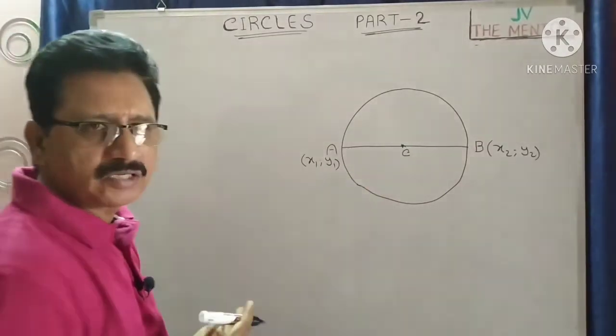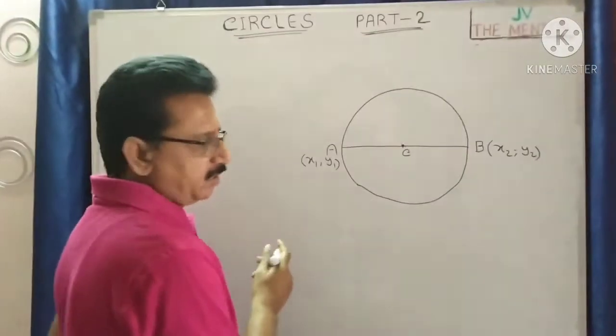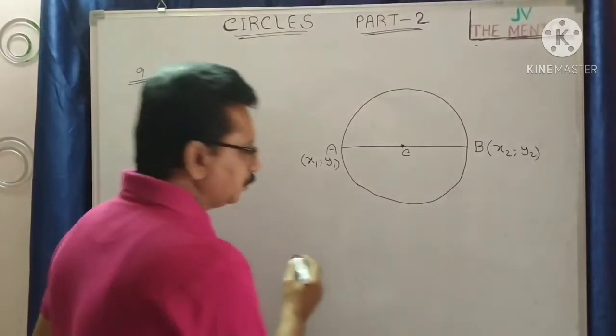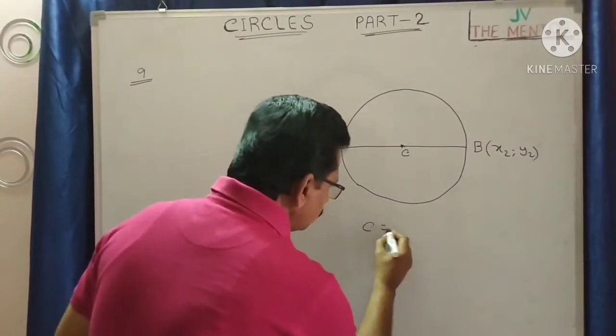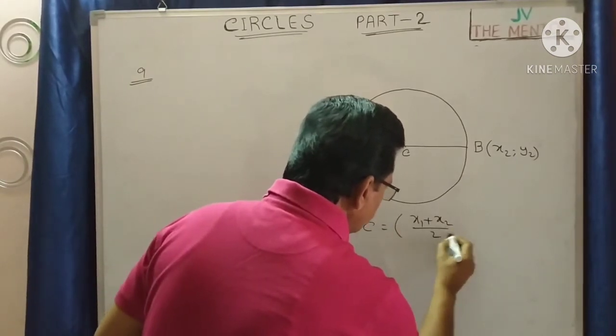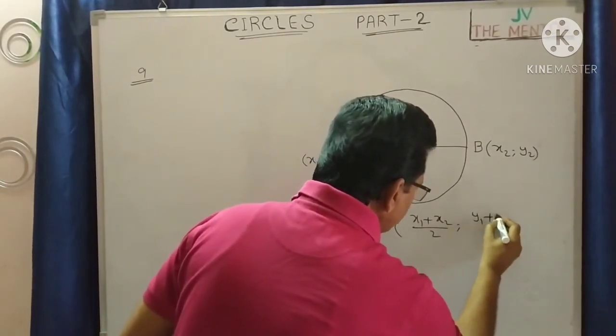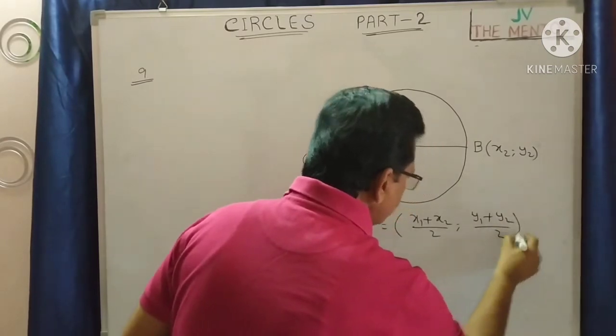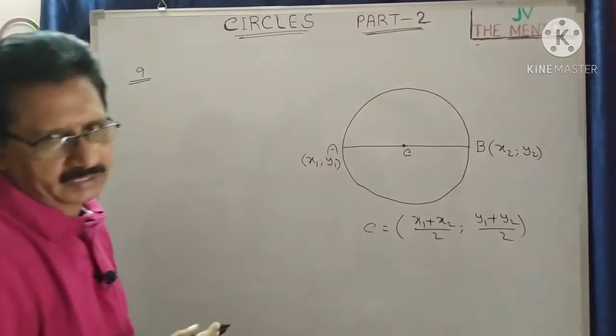What are the coordinates of C? Midpoint formula: x1 plus x2 by 2. Center C equal to x1 plus x2 by 2, comma y1 plus y2 by 2. This is the center of the circle.